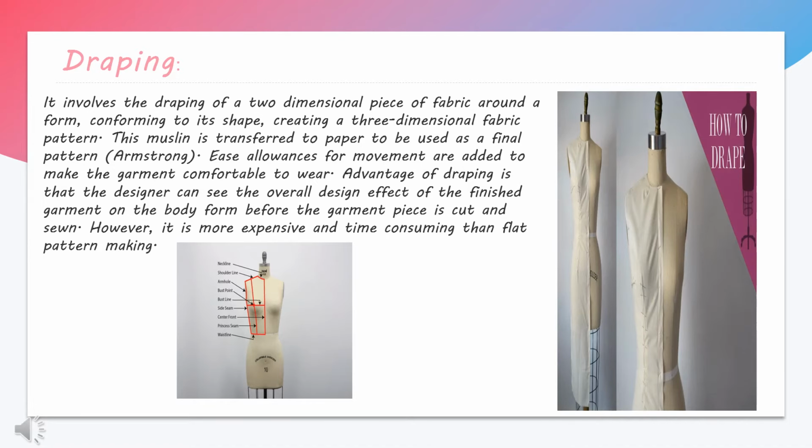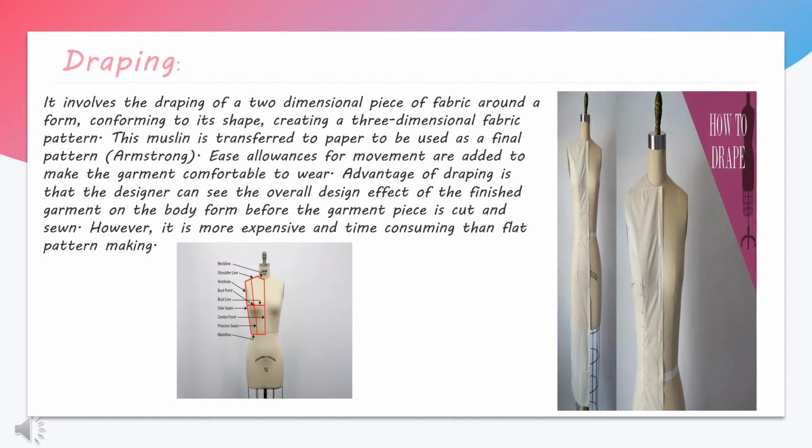And the second method is draping. It involves draping a two-dimensional piece of fabric around a form and conforming to its shape, creating a three-dimensional fabric pattern. This muslin is transferred to paper to be used as a final pattern. Ease allowance for movement is added to make the garment comfortable to wear.